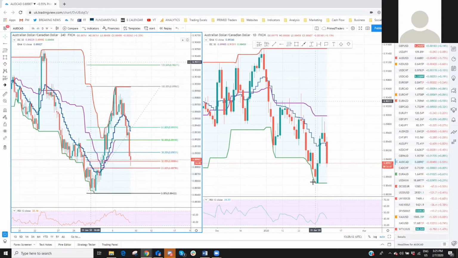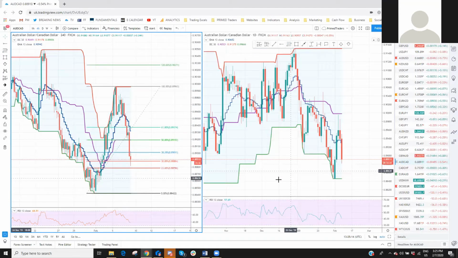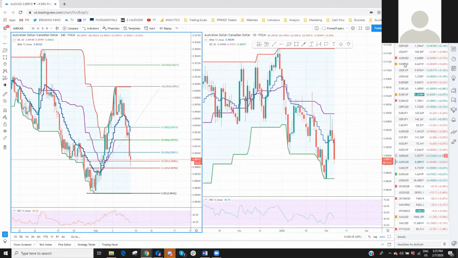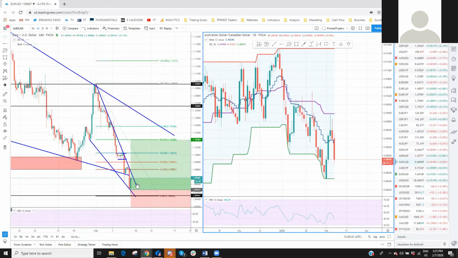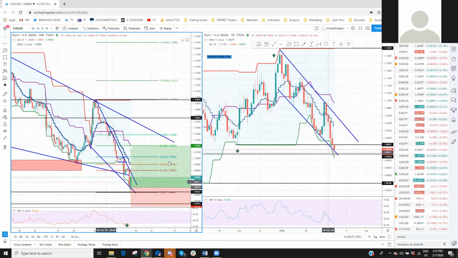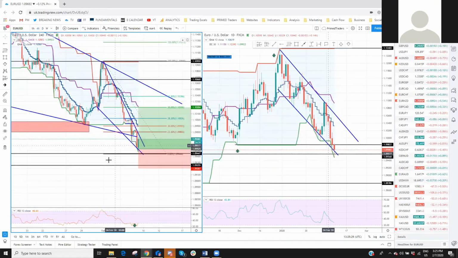AUD CAD looks a little bit like the CAD might be weak, but I can't make that decision. There's too little time. So I'm going to come back to Euro USD where I actually have a trade going. And we're going to focus on the dollar because I guess the market impact could be a bit bigger there.